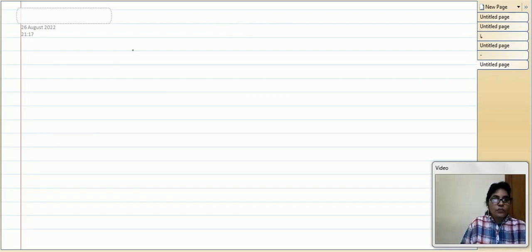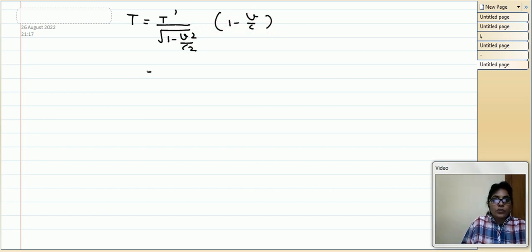So this equation will become T is equal to T dash divided by 1 minus V square by C square, and within bracket it is 1 minus V by C. So this can be written as T dash into 1 minus V by C under root whole square, and then divided by under root.